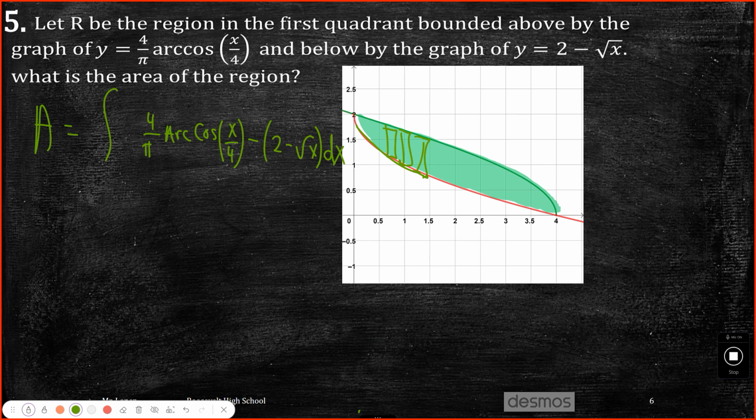This looks to be 0, and this looks to be 4.